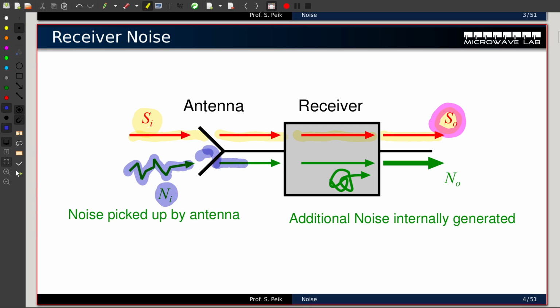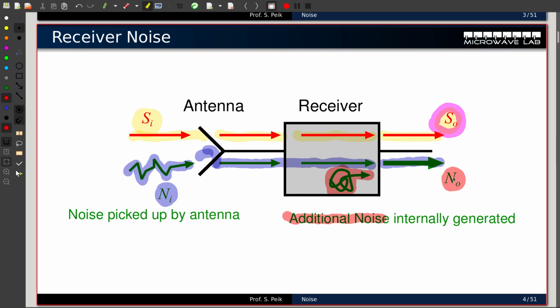It also goes through the antenna into the receiver, it's amplified, demodulated, and so on, and comes out of the receiver. And even worse, inside my receiver, I create additional noise. Every receiver in the world, every transistor, every amplifier creates additional noise. And this noise also goes on top of the noise picked up, and we get noise out here at the output.